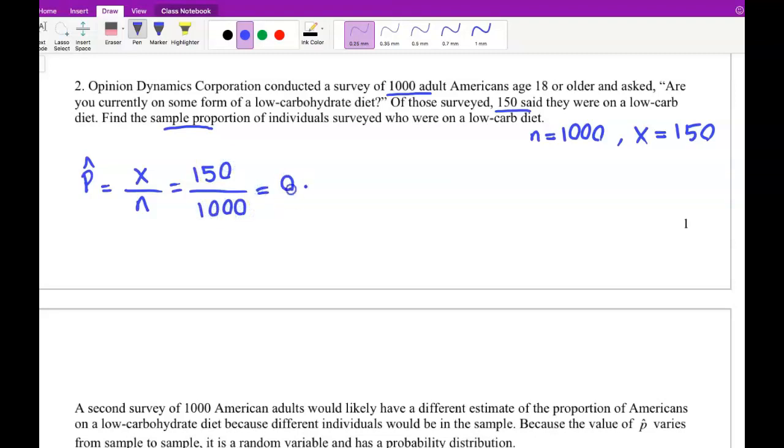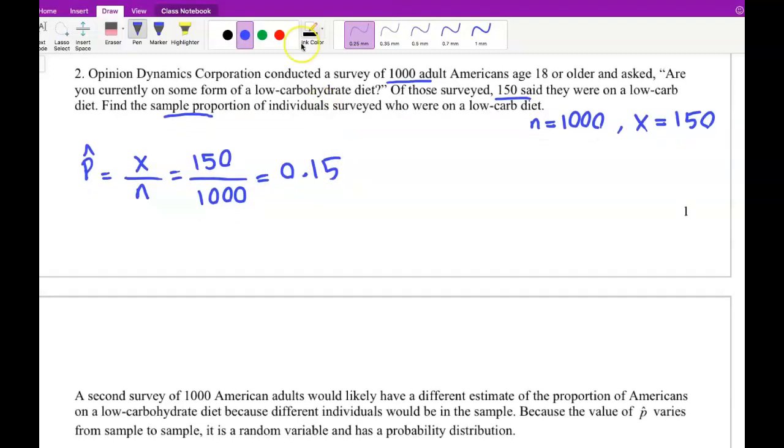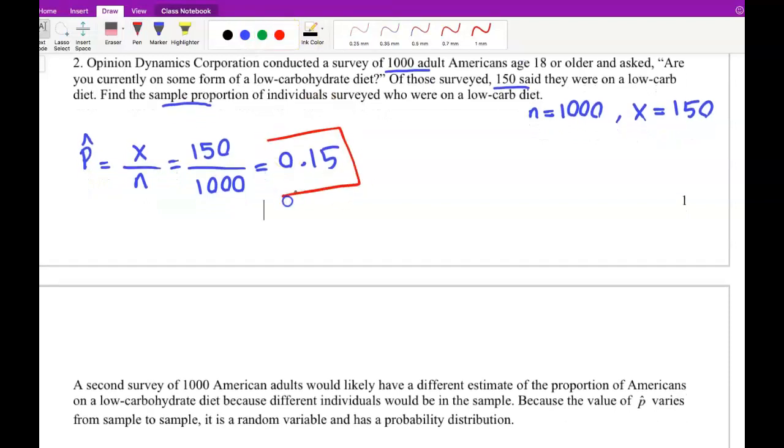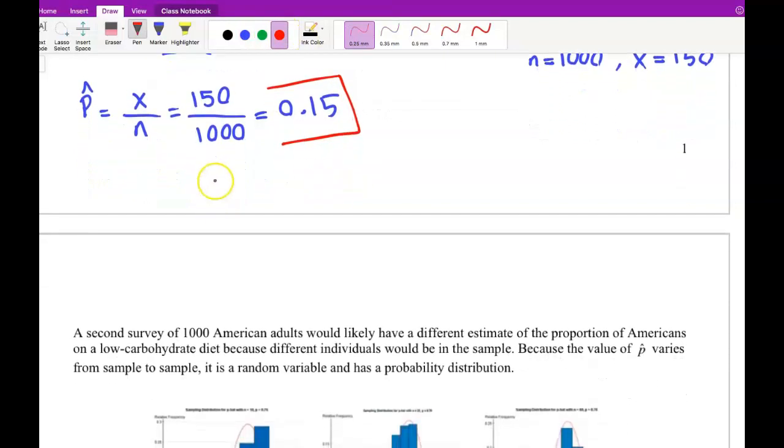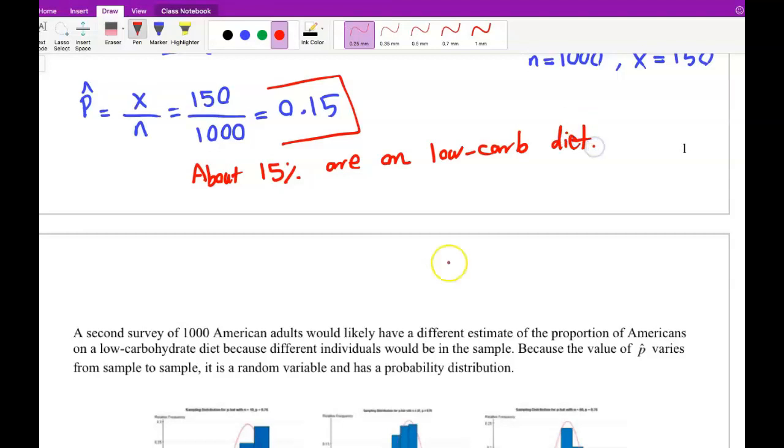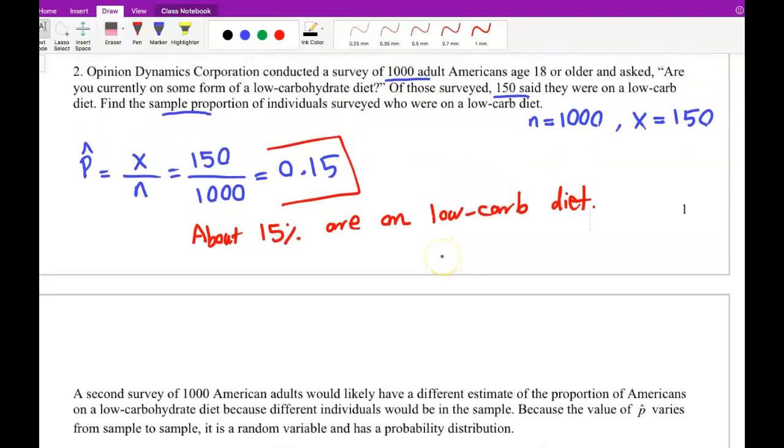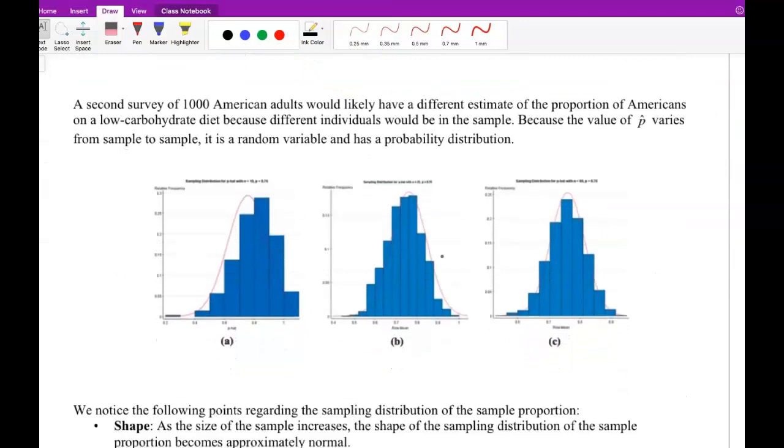Divide, and the answer is 0.15. That means 15% are on a low carb diet. Okay, next page.